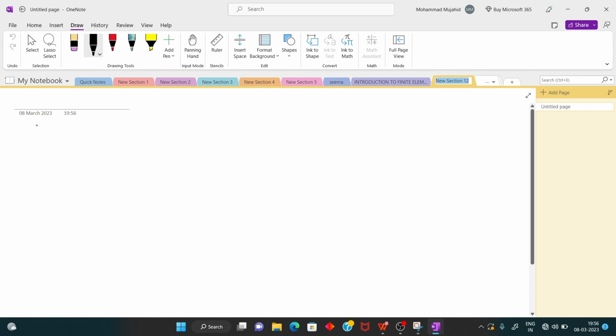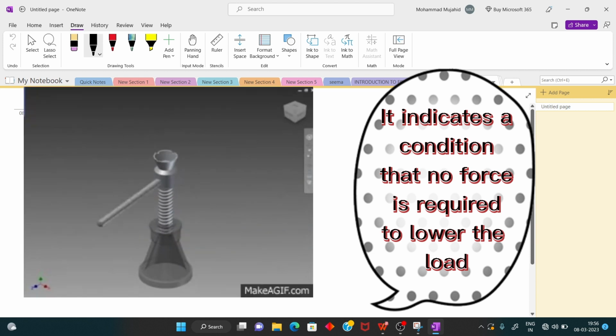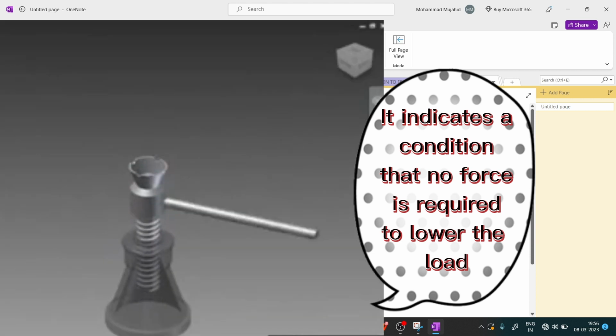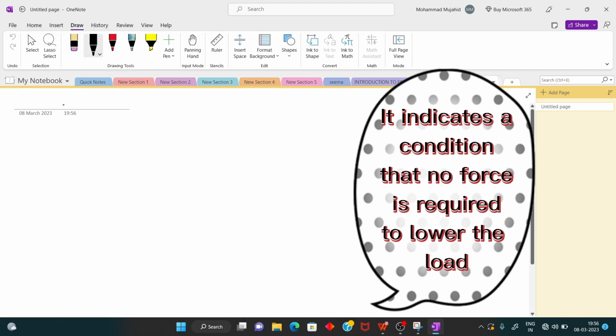Now let us discuss the overhauling of screws and self-locking screws. When the angle of friction phi is less than the helix angle alpha, then the torque required to lower the load will be negative. So then the load will start moving downwards without the application of any torque.